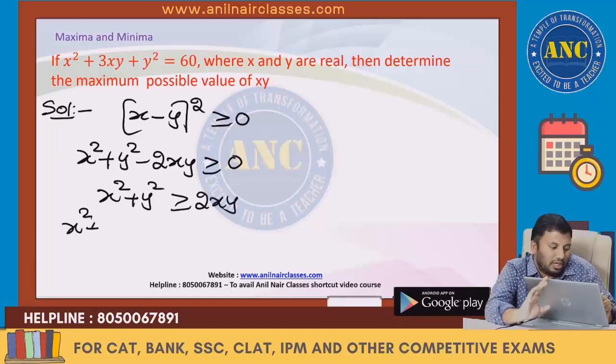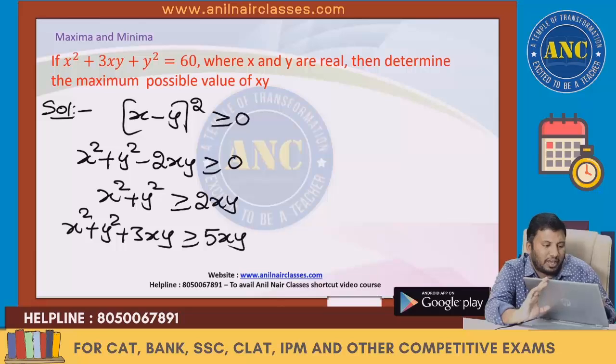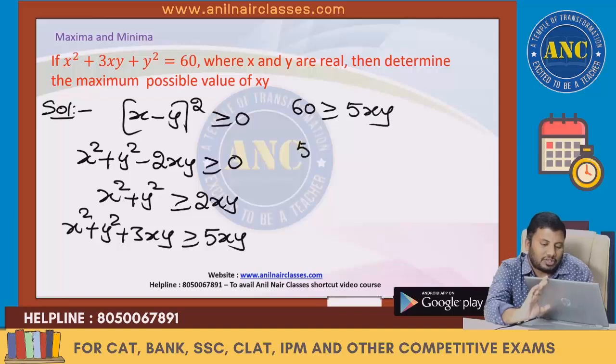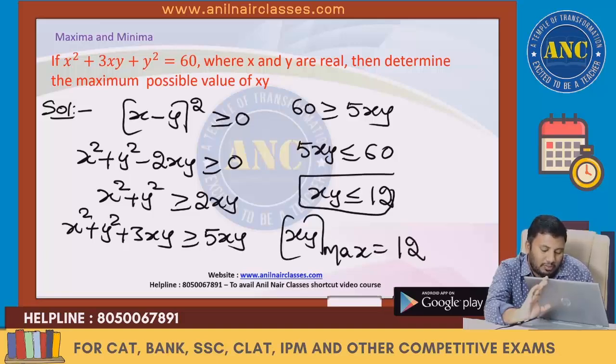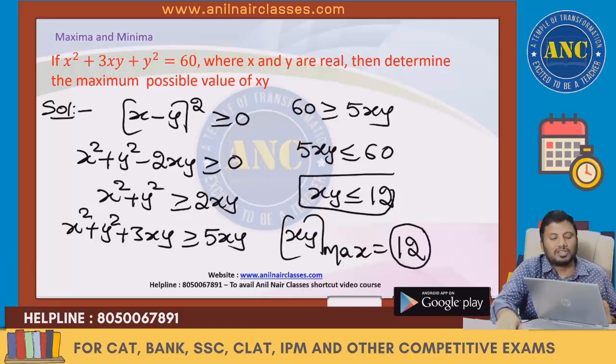If I add 3xy on both sides, 60 is greater than or equivalent to 5xy. 5xy less than or equivalent to 60, so xy less than or equivalent to 12. So the maximum possible value of xy is 12.